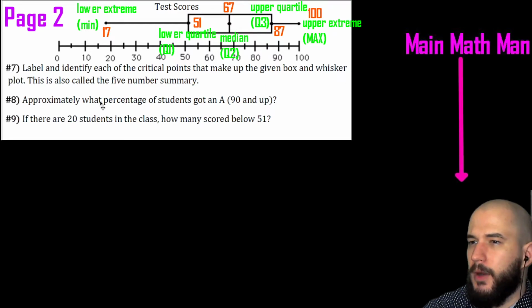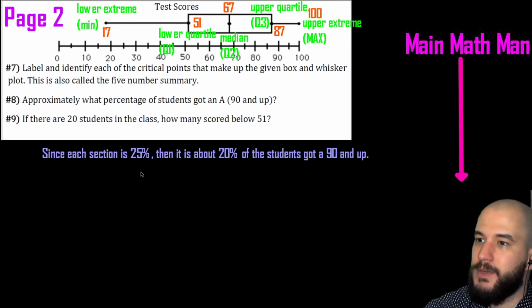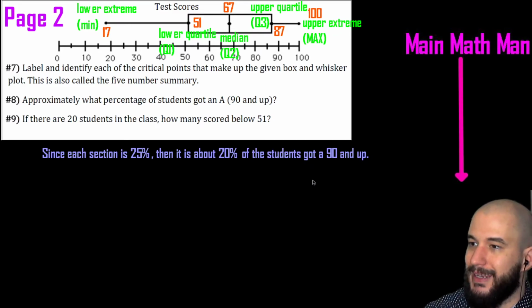Number 8 says approximately what percentage of students got an A, which is a 90 and above. So similar to that warm-up that we did for today, since each section is about 25%, then about 20% of the students got a 90 and up.